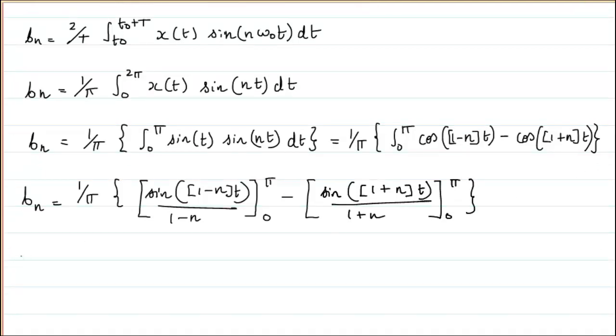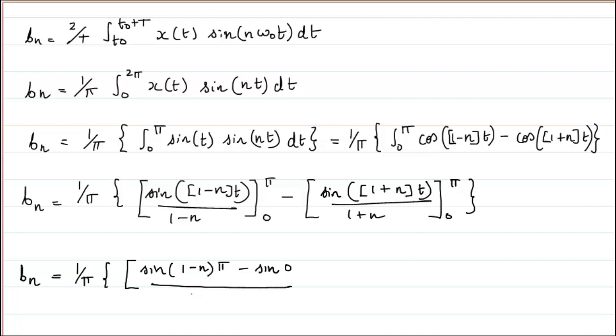Now if I am going to look b of n, b of n is equal to 1 by pi, and now here it is going to be sine 1 minus n pi minus sine of 0 divided by 1 minus n minus sine 1 plus n pi minus sine of 0 divided by 1 plus n.